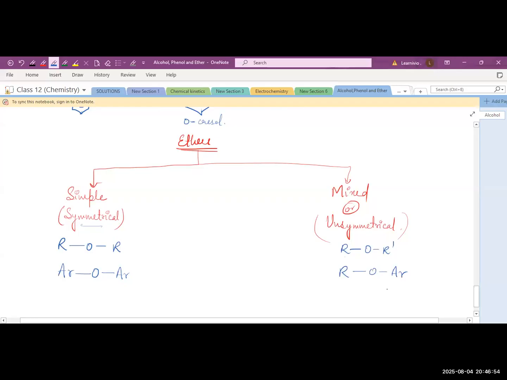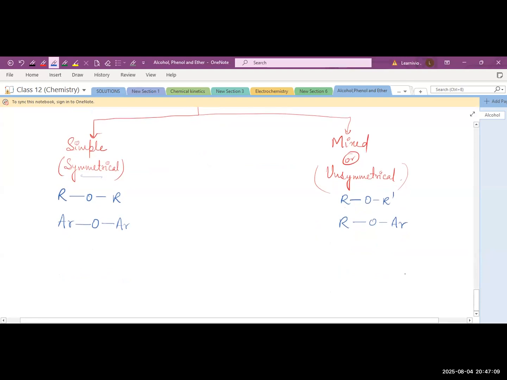That means you will get a mixed type of a substituent over here, right? So sometimes यहाँ पे R आपका aliphatic होगा and यहाँ पे aromatic होगा, right? So that is your unsymmetrical type. So we will discuss how to name this type. In symmetrical हम कैसे name लिखते हैं, and in unsymmetrical how we can write down the name, common name and IUPAC name.